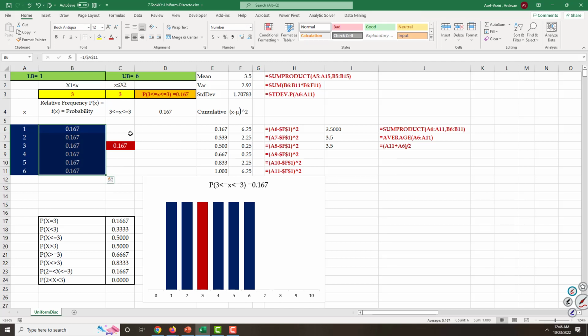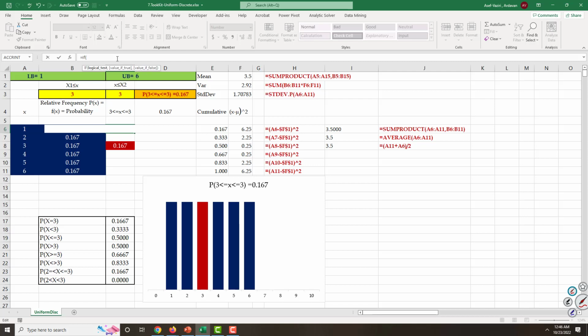I can also come here, equal to, if, and if this value is greater than or equal to this lower limit that I entered over there and lock it, comma, this value is less than or equal to this upper limit, and I lock it.